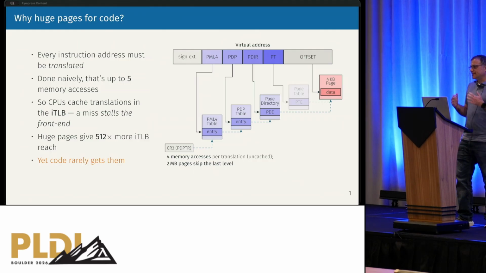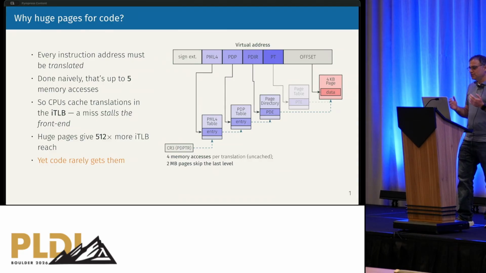Huge pages attack this directly by using a page of 2 megabytes instead of a page of 4 kilobytes. The iTLB miss rate can drop dramatically because the iTLB can cover a much bigger code base.